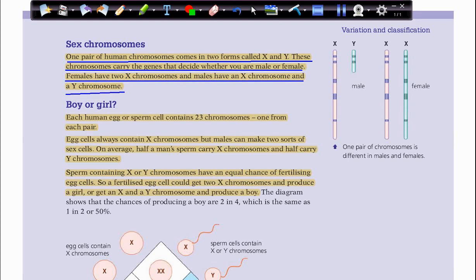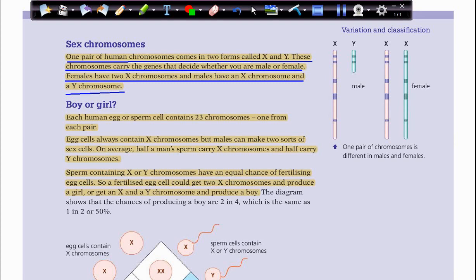So the egg cell has X only, okay? But the sperm cell has X or Y. This is what decides whether you are a male or female. This is for the sex chromosomes.